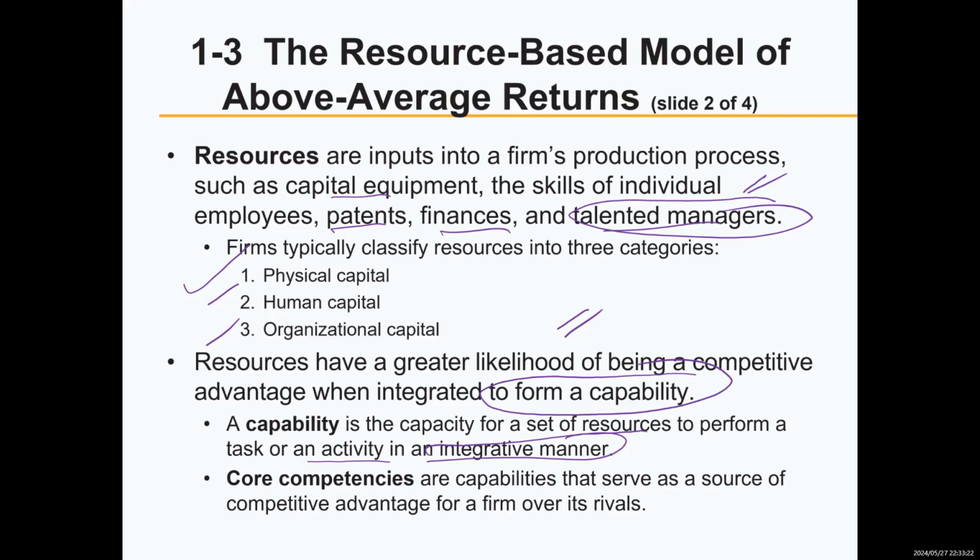So the strategies that should be selected enable the firm to best exploit its core competencies. What are the core competencies? They are capabilities that serve as a source of competitive advantage over its rivals, right?